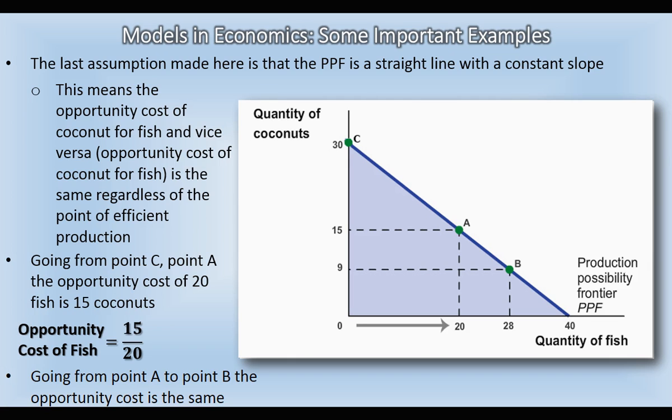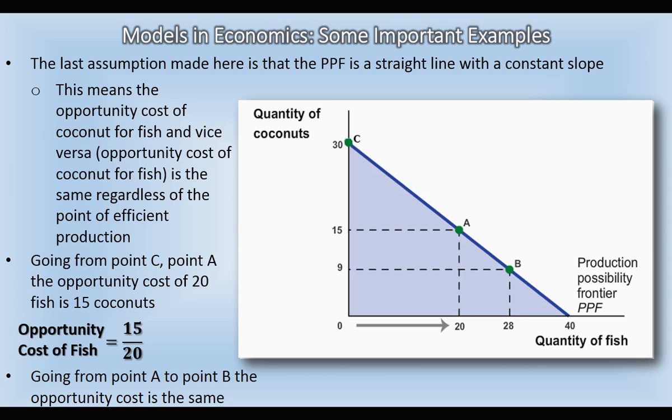You think, okay, I'm looking for the opportunity cost of fish, let's say. The opportunity cost of fish is going to be in coconuts. So to figure out what that opportunity cost is, you set up a ratio of the two numbers. The question is, what is the opportunity cost of 20 fish? That cost is going to be in coconuts.